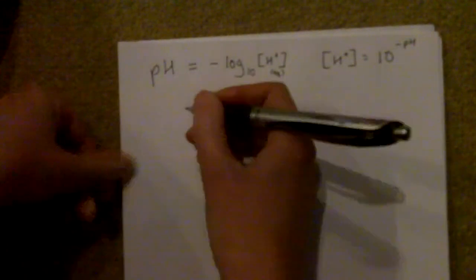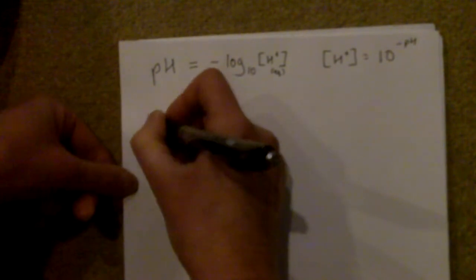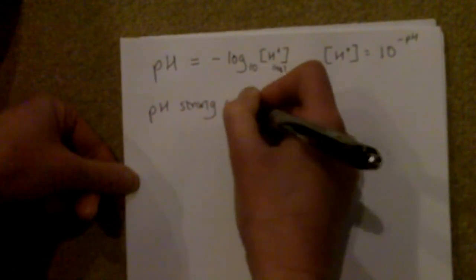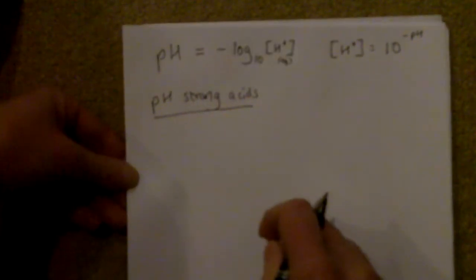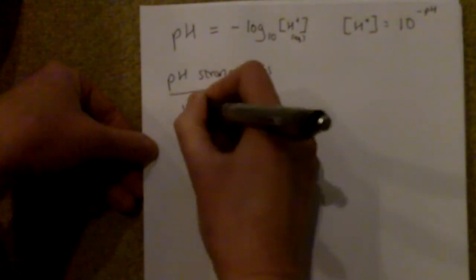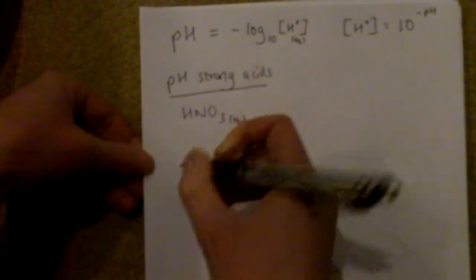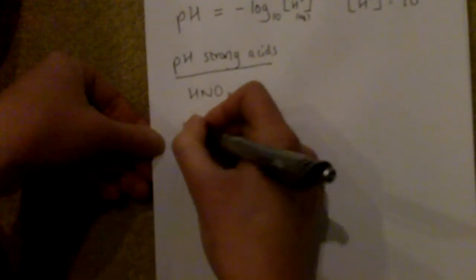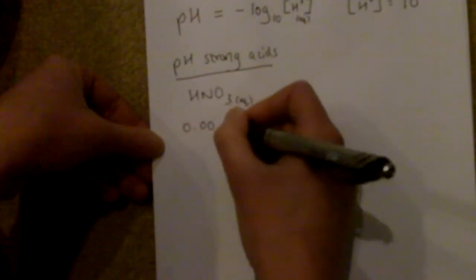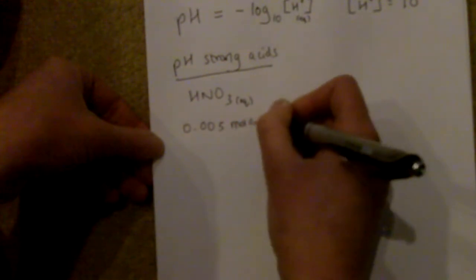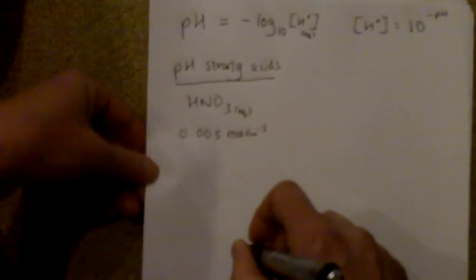How do you work out pH specifically for strong acids? Okay, pH for strong acids. So if, for example, we've got nitric acid solution, concentration 0.005 moles per decimeter cubed, and I want to find out the pH of this solution.